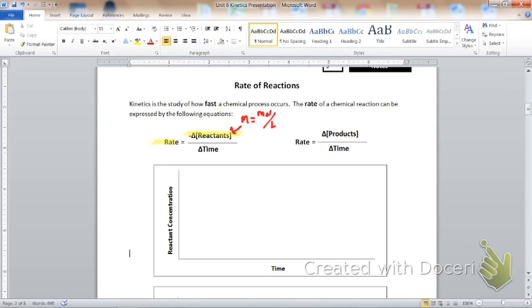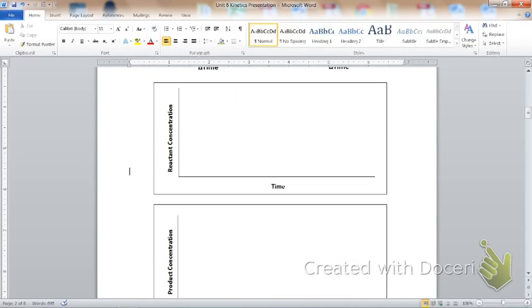Now we can graphically represent this. That's what we're going to do here in these two boxes. We're going to take first the perspective of the reactant concentration. Since the reactant concentration should diminish in time because we're using up the reactants, we should get a line or curve that looks like this, essentially.